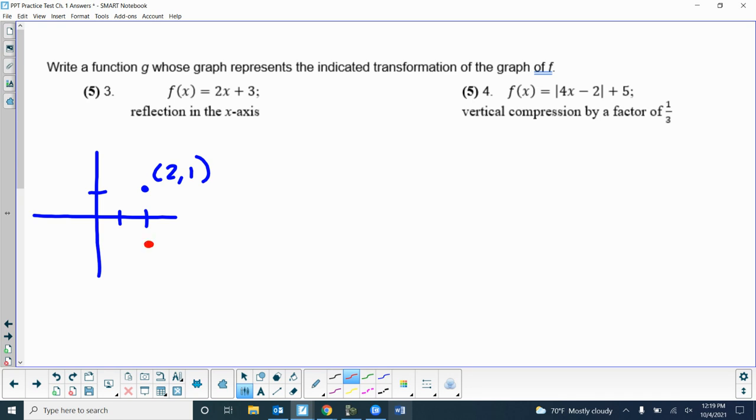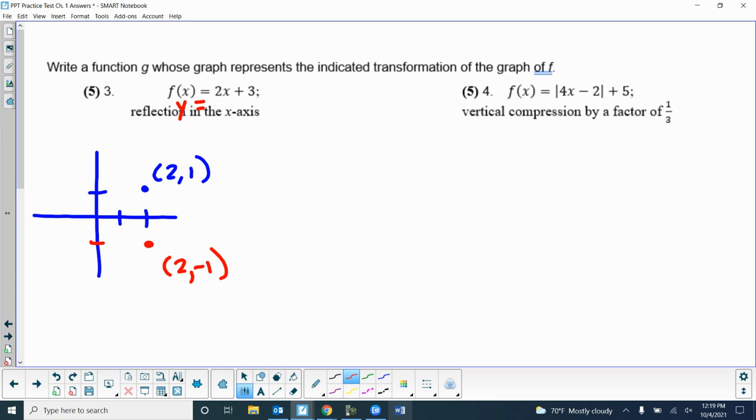Right? What point's that? So what changed? The y changes, right? When you reflect about the x, you're changing the y. Okay? You're changing the whole thing. Remember, f of x equals is like y equals. Right? So I'm changing that whole thing to its opposite. We went from +1 to -1 when we reflected.